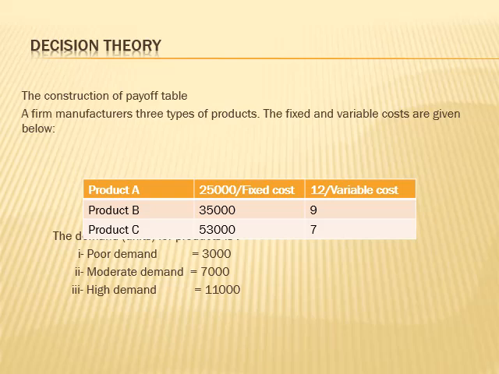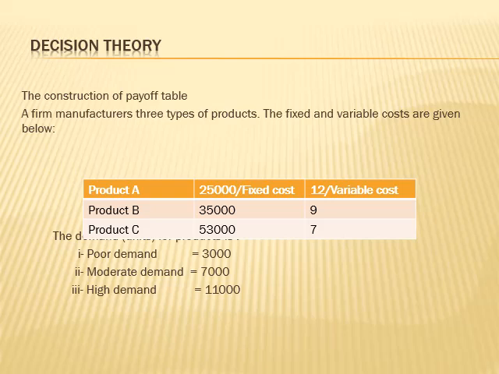Product B has $35,000 while its variable cost is $9,000, of course. Product C has $53,000 while its variable cost equals $7,000.